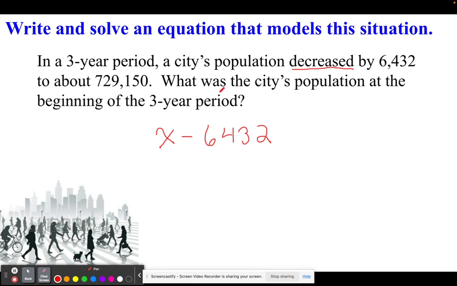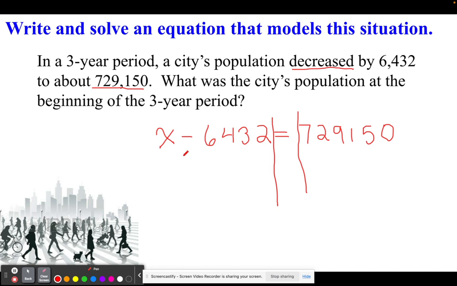So we want to know the beginning population. It's now 729,150 after it decreased. So it makes sense that the population before the 3-year period would be more than the 729 because it went down.